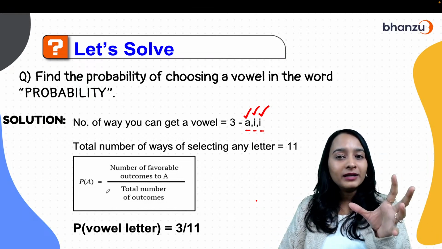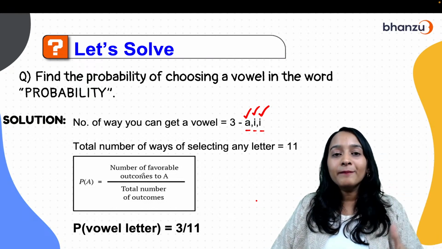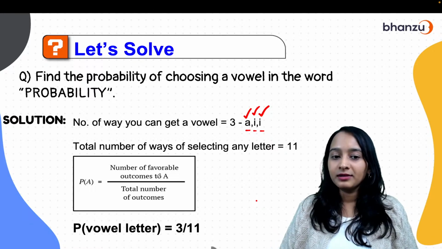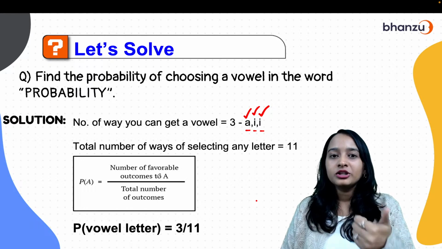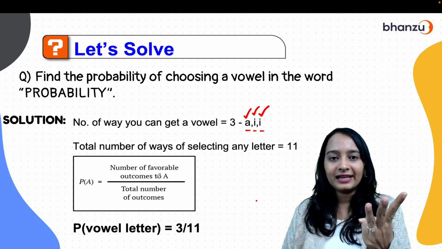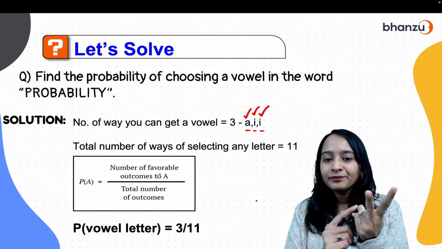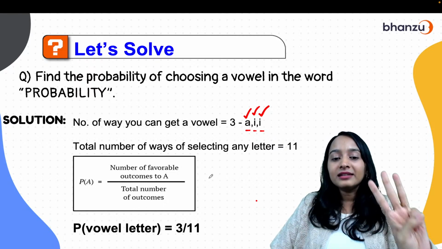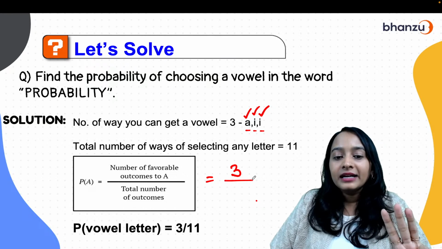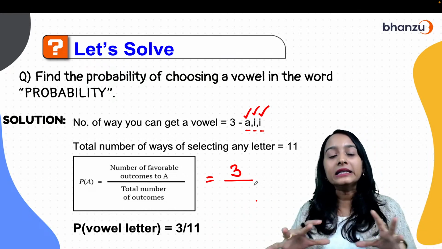So what is the formula here that we were using? Number of favorable outcomes. Matlab, number of ways in which you can get a vowel. So there are 3 different ways in which that can happen. You can either get A or one I, another one, right? So there are 3 favorable outcomes divided by the total number of outcomes.